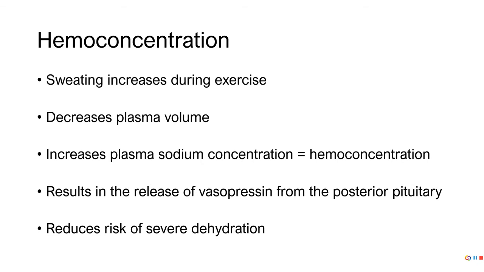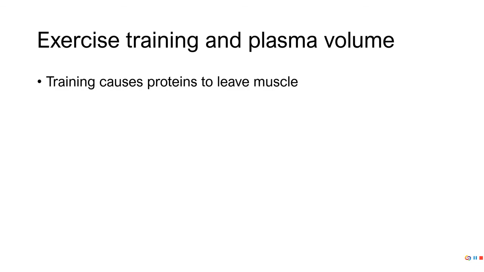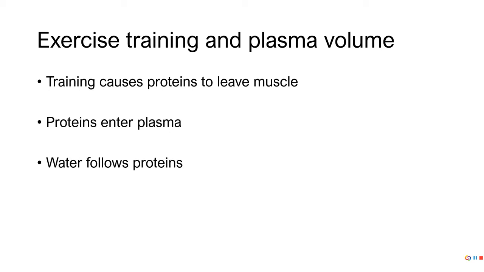So what happens to plasma volume when we train? Well, when you work out, proteins leave your muscle. These proteins enter into the plasma. Just like water follows salt, water also follows proteins. It sounds like water is a follower, right? It's not a leader, it's a follower. There's probably a pun in there somewhere.